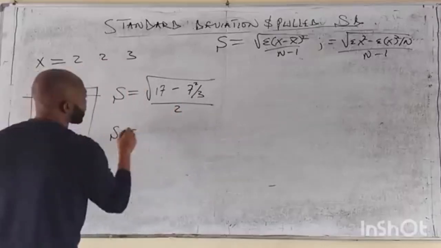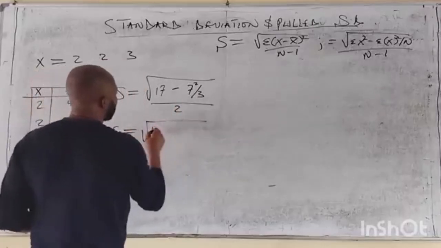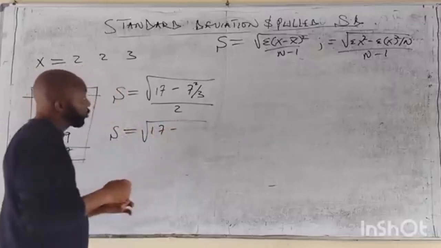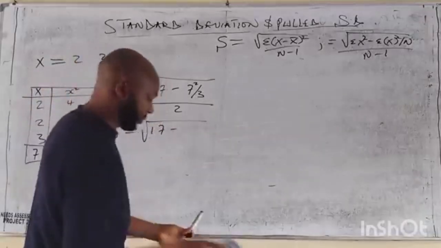So my standard deviation now becomes 17 minus 49 divided by 3.